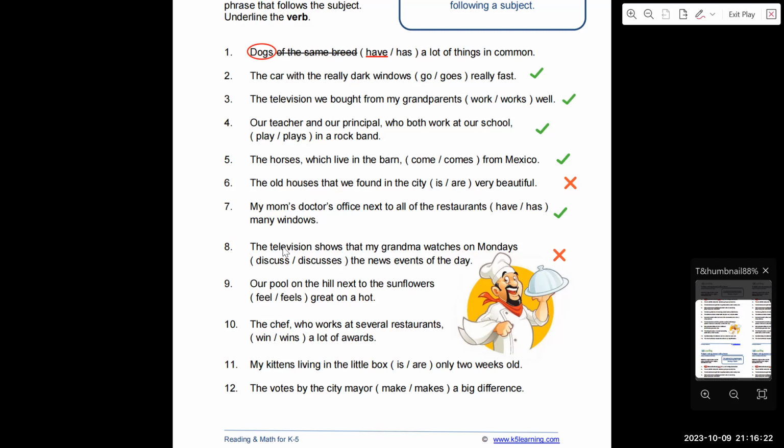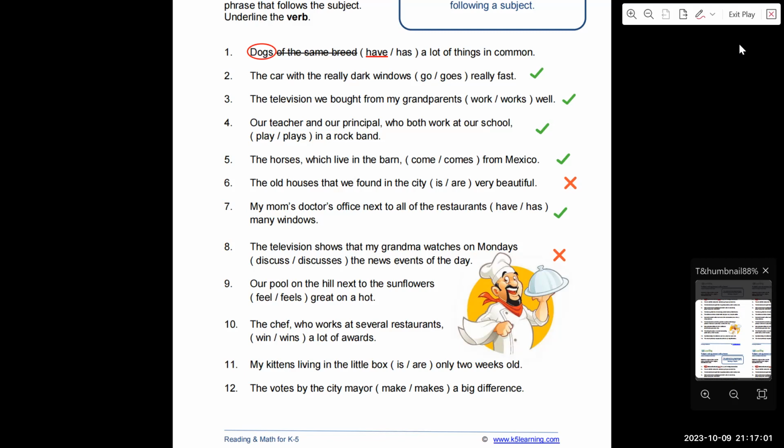The television shows. Not only the television. It says there, the television shows that, okay? So not only television, the show from the television is the subject. So the correct answer is discuss, without ES.